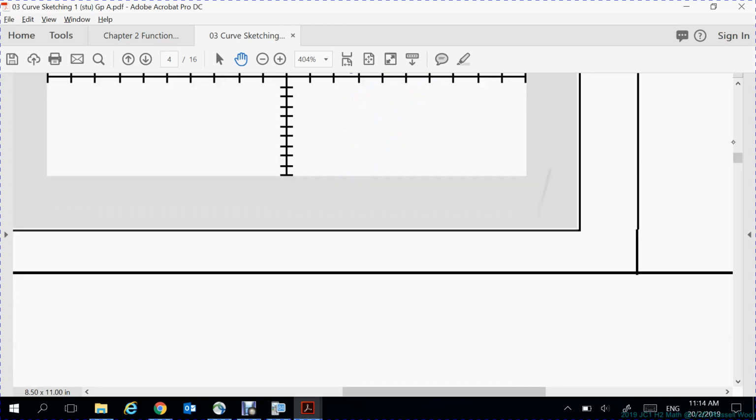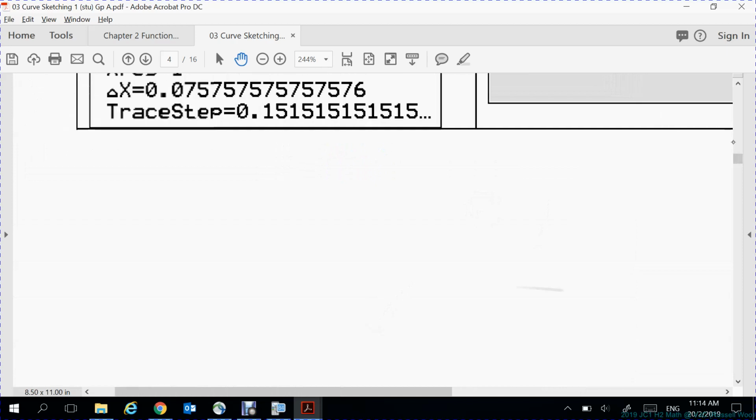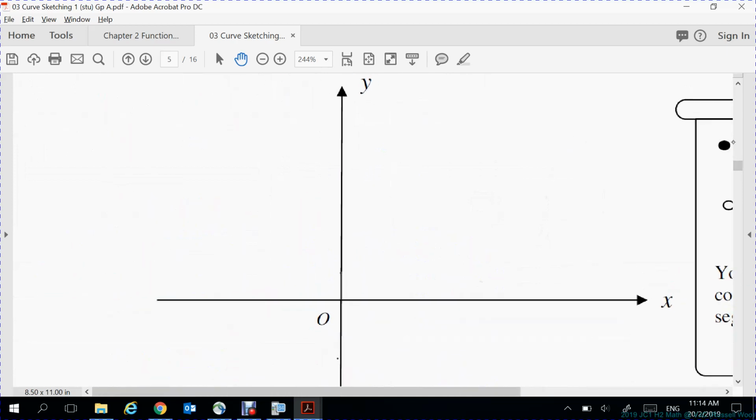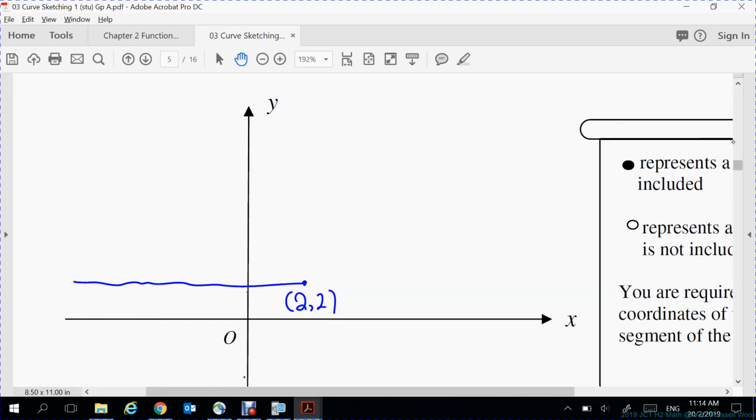So to represent that, you will have to have a 2, 4 here. There is a discontinuity. Then you have a curve like that.